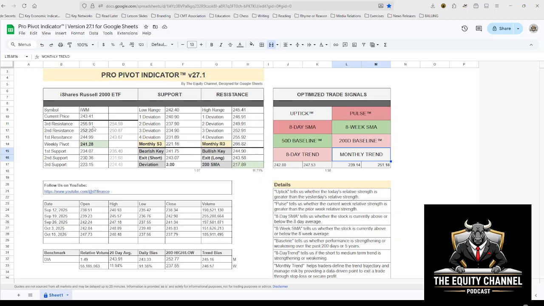For starters, each and every one of these weekly pivot points has a stop loss attached to it. So let's say you said, you know what, I like what Deron talked about on Saturday. I like what he talked about breaking this first resistance right here. I'm going to take a trade if we break this first resistance.